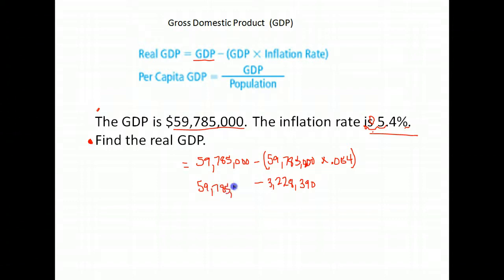We're going to take the GDP minus our product that we got here. And when we do, we get $56,556,610.